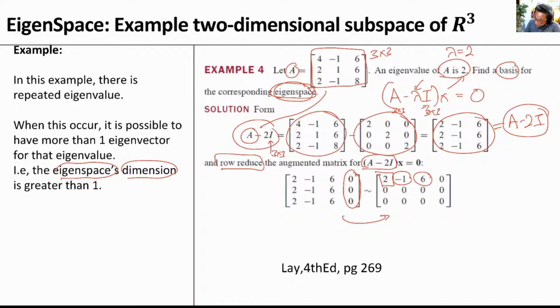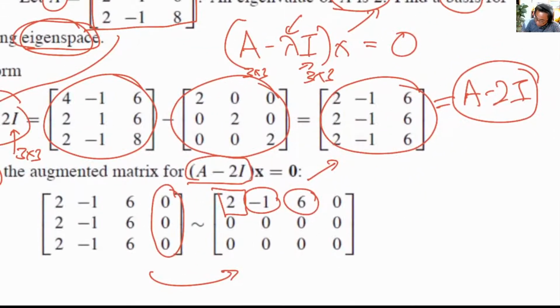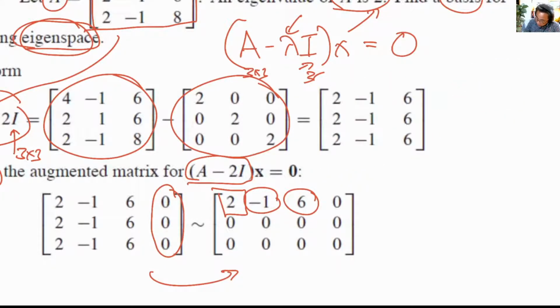In fact, this could have been observed here as well. You can see that this matrix definitely has only one independent column. The other two are nothing but scaled versions of this column. So with that, we know that this matrix is singular, and it has only one pivot because it has only one independent column.